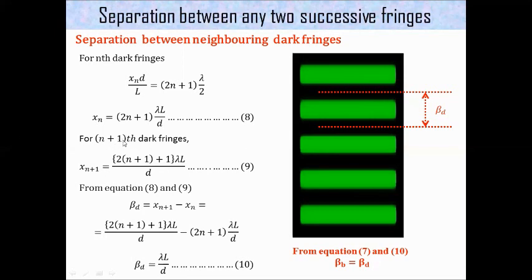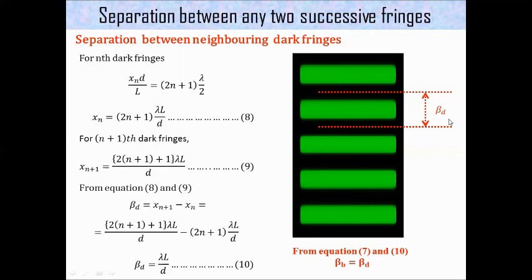For the n plus 1 dark fringe, replace n by n plus 1 in equation 8. One can write xn plus 1 equal to 2 times n plus 1 plus 1 times lambda L divided by D. So this is equation 9.